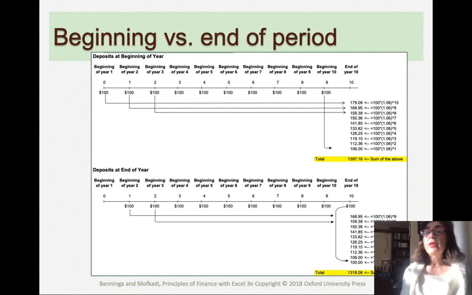The beginning of year ended up with almost $1,400, whereas the end of year is a little over $1,300, as every payment is earning interest, and from the beginning to the end of year, there's that full year where interest income is earned.